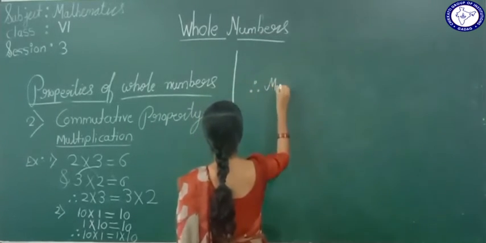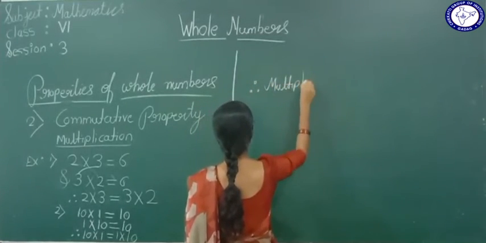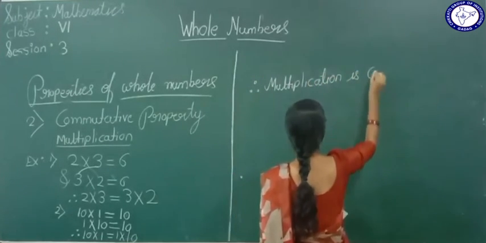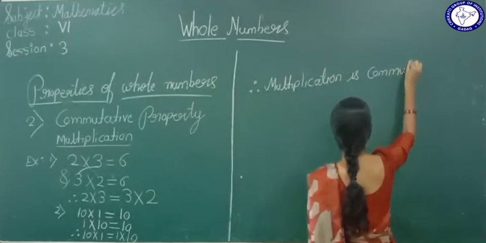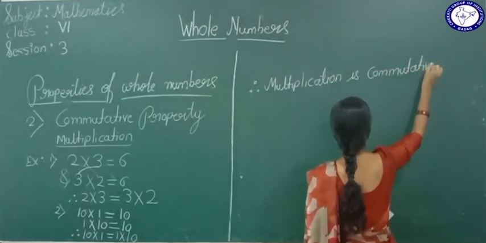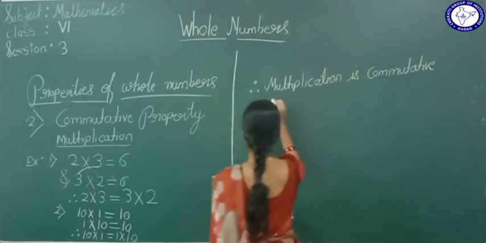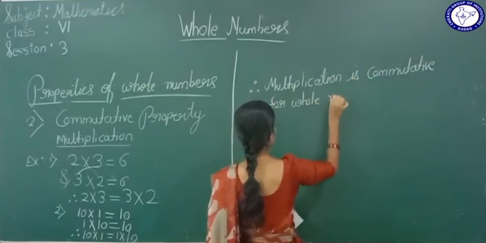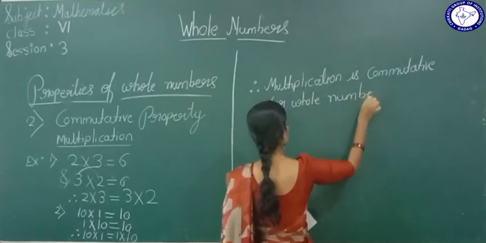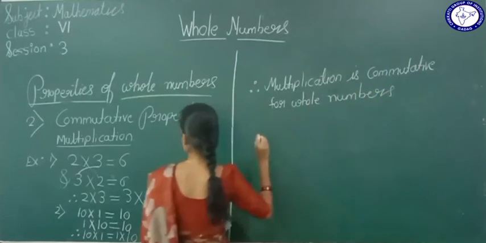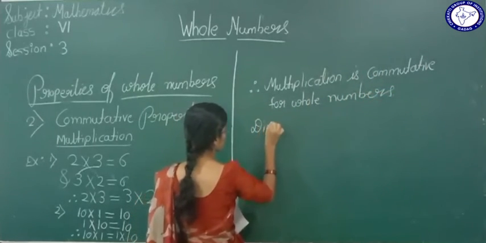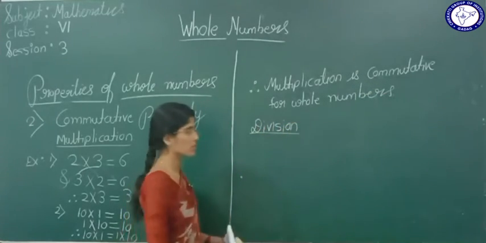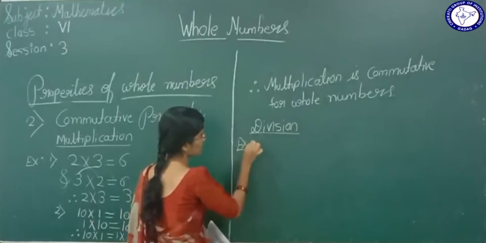Therefore, multiplication is commutative for whole numbers. Next we will see for division. Okay. See example.